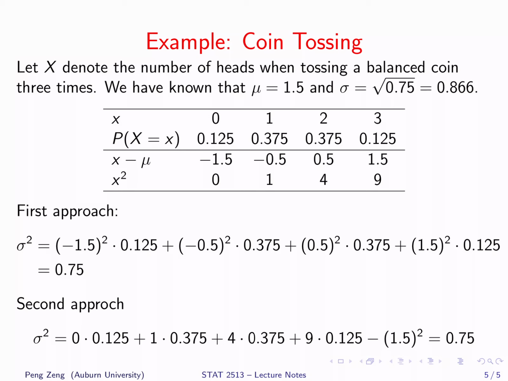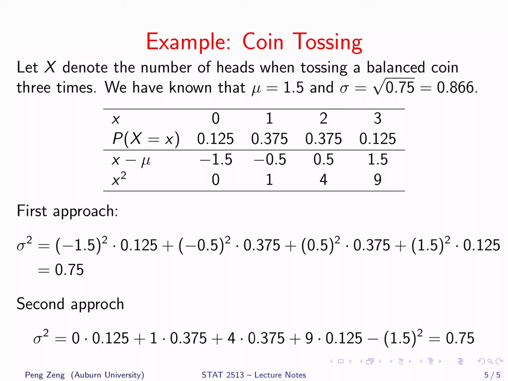The deviation from the mean is x subtract mu, or negative 1.5, negative 0.5, 0.5, and 1.5. We square each deviation and multiply them by the corresponding probability and add together. The answer is the variance 0.75.